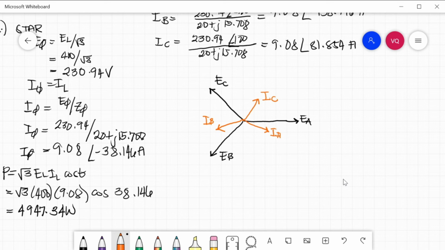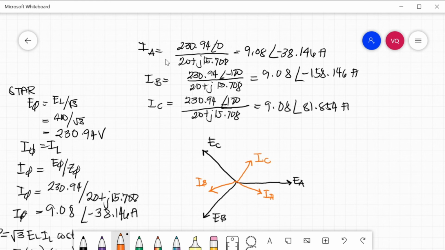For IA, its voltage is of course EA. So 230.94 angle 0, this is per phase, divided by the impedance 20 plus j15.708, equal to 9.08 angle negative 38.146 amperes.